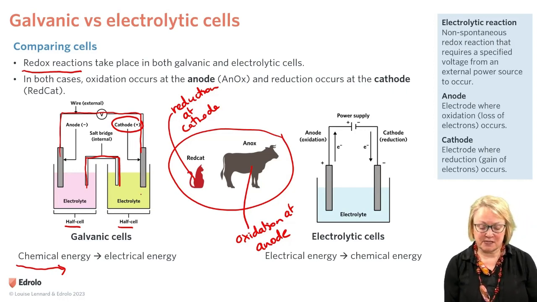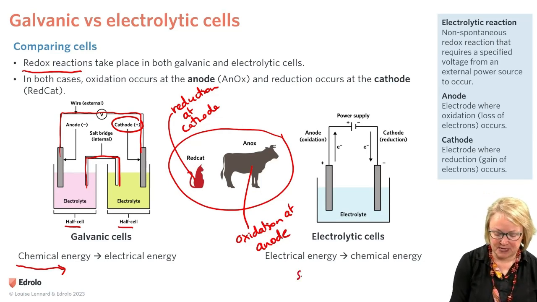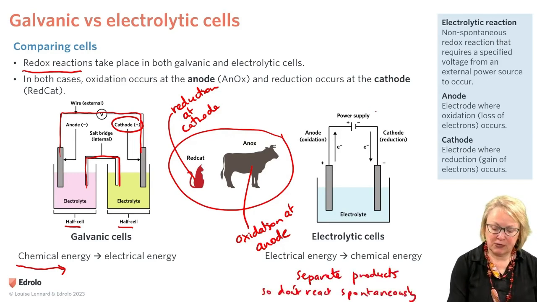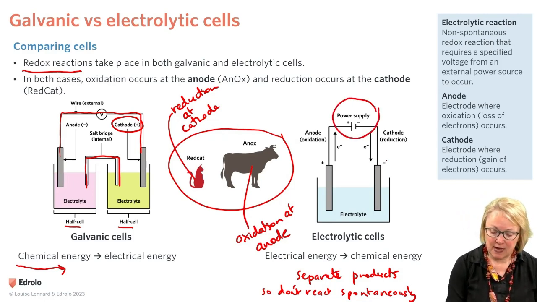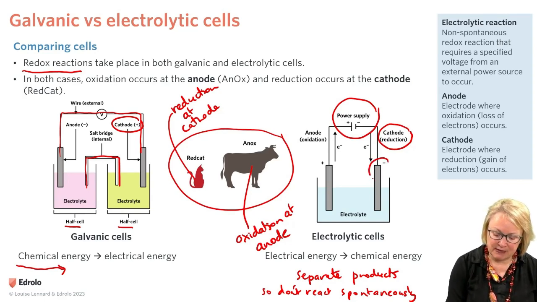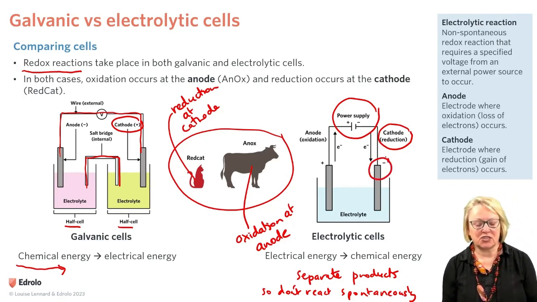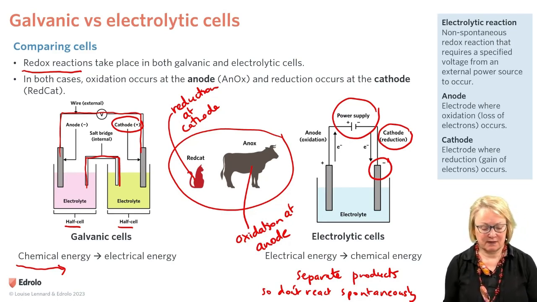In electrolysis, we can have the electrodes in the same electrolyte, so we don't need to separate the electrolytes. What we do need to do is separate the products as they're produced, because the products will react spontaneously. We also, in an electrolytic cell, add in a power supply, and we still have cathode being the site of reduction, so red cat, but instead the cathode is negatively charged, whereas in a galvanic cell, the cathode is positively charged.